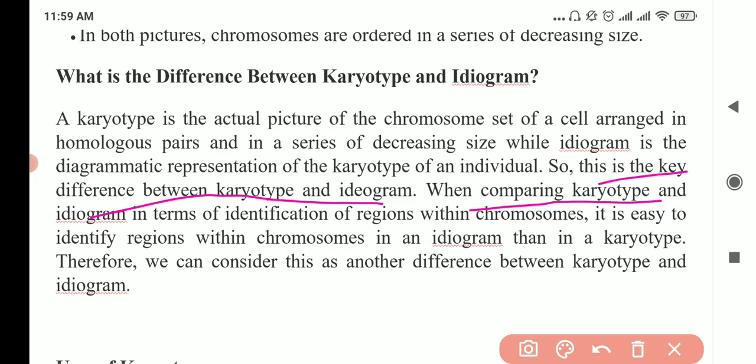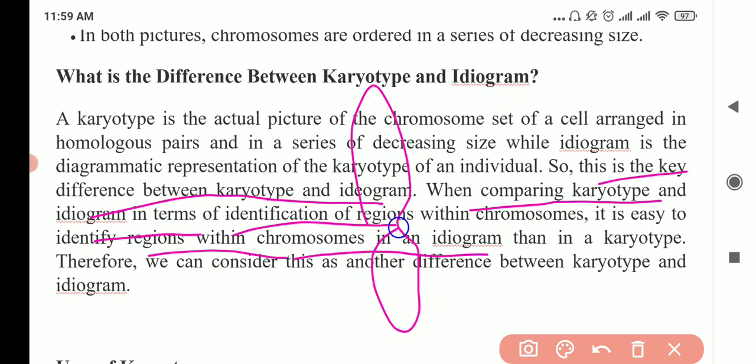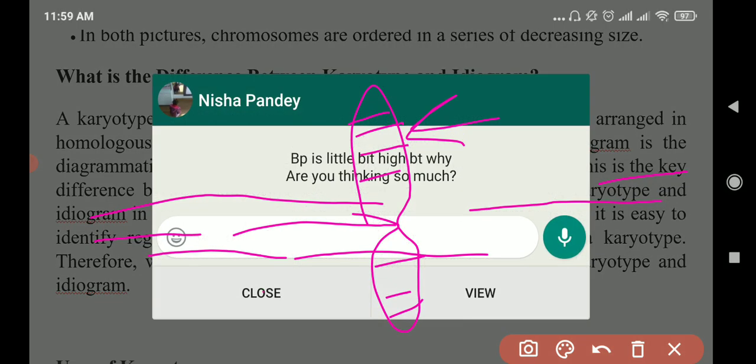When comparing them in terms of identification of regions within chromosomes, it is easier to identify regions within a chromosome in an idiogram than in a karyotype, because remember, in an idiogram you are getting bands of the genes, no? So you know exactly which gene is where.